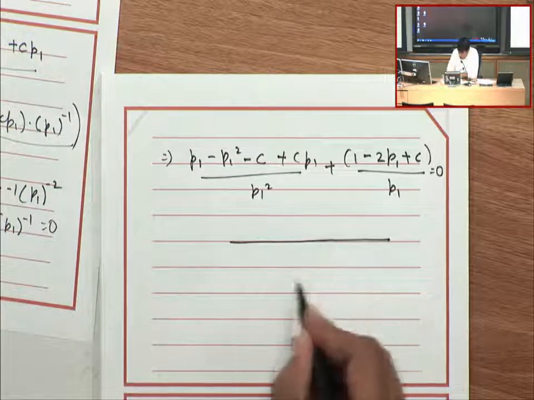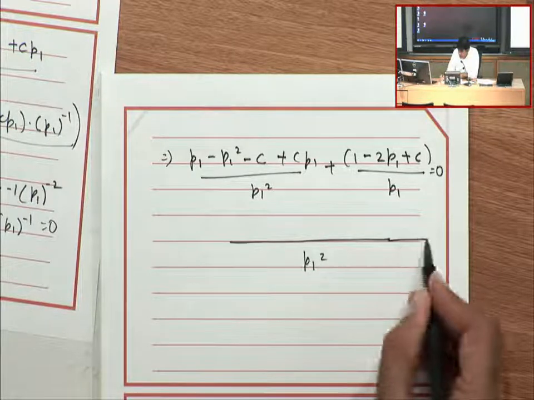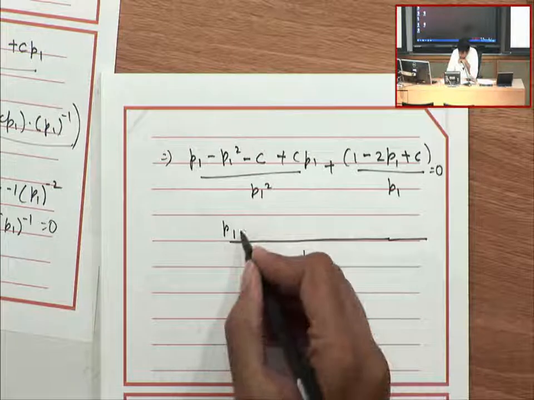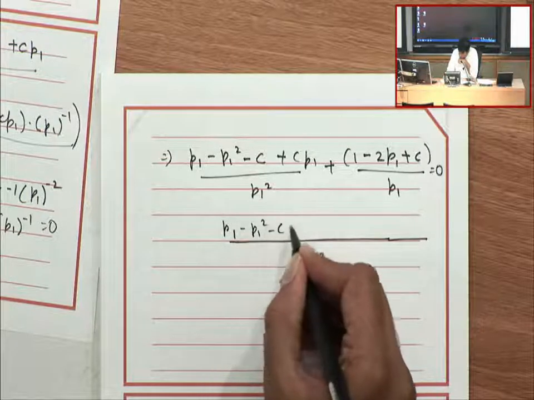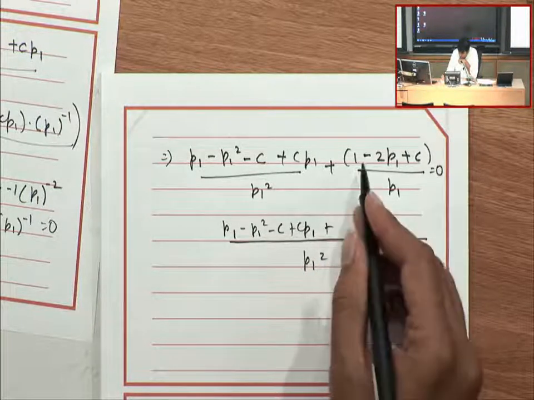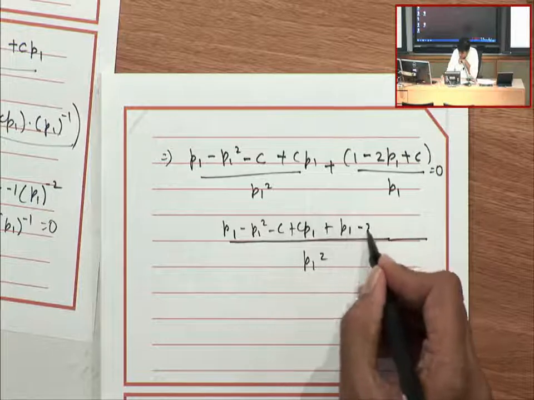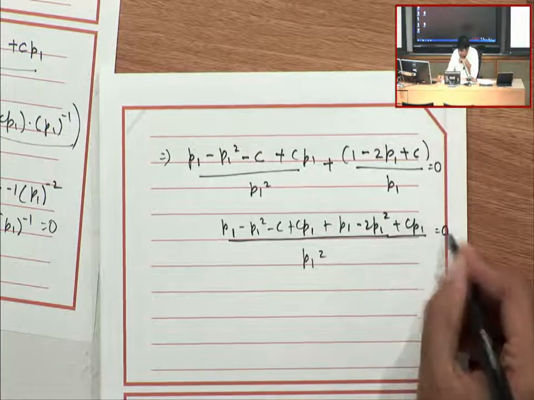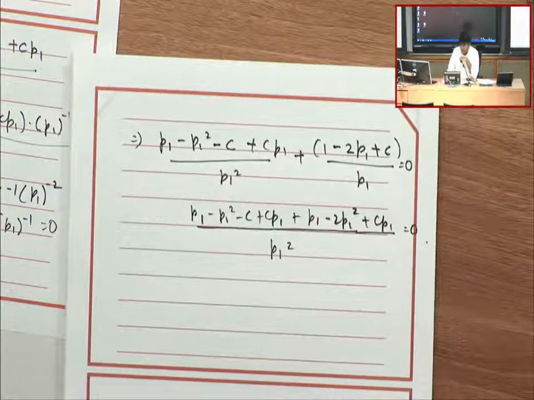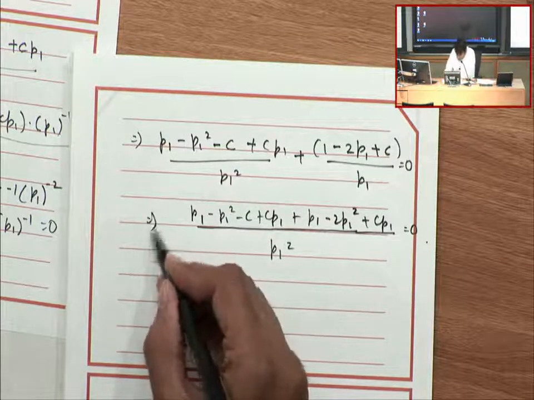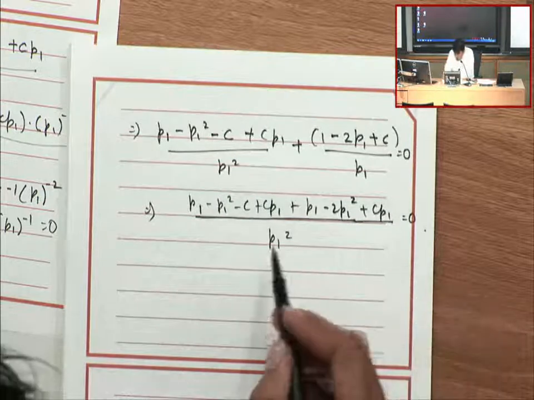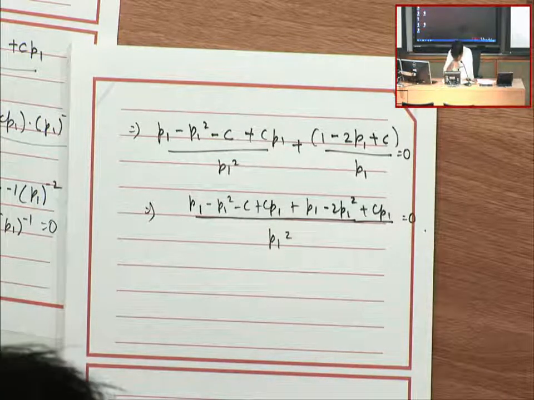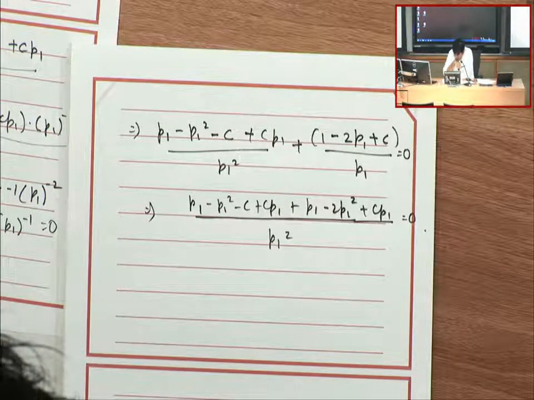Take P1 squared as the common term, plus P1 minus 2P1 squared plus CP1. We want this to be equal to 0. The denominator has nothing to do with that, so we can just focus on the numerator. Hopefully some of these terms will cancel out.